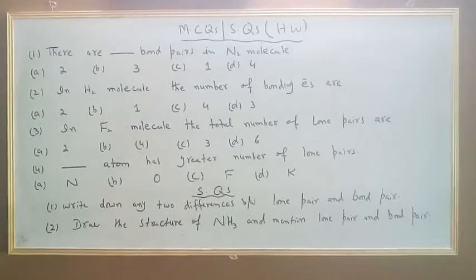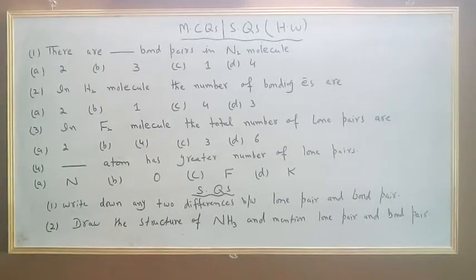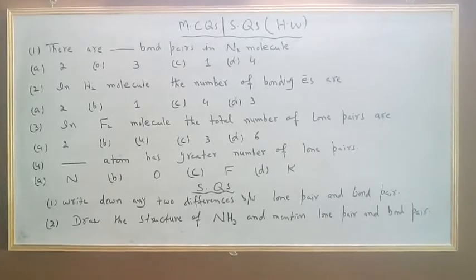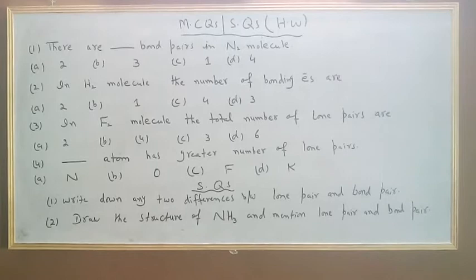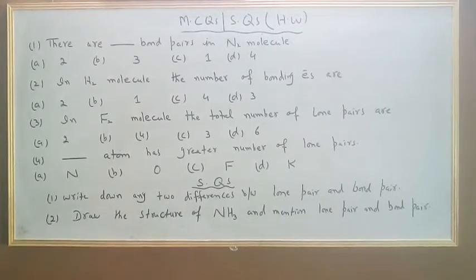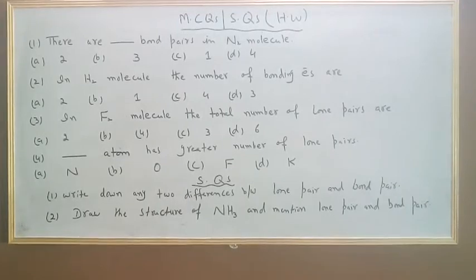Okay students, now write down MCQs and short questions. Number 1, there are dash bond pairs in N2 molecule: A 2, B 3, C 1, D 4.